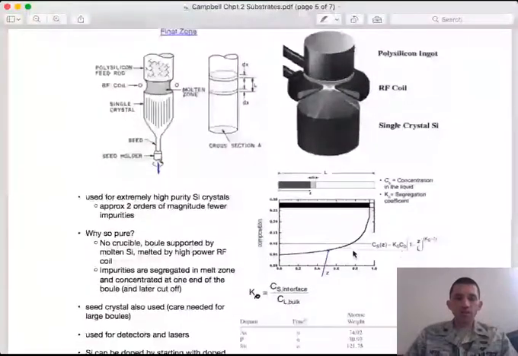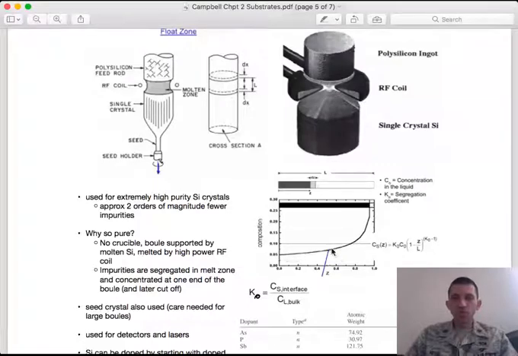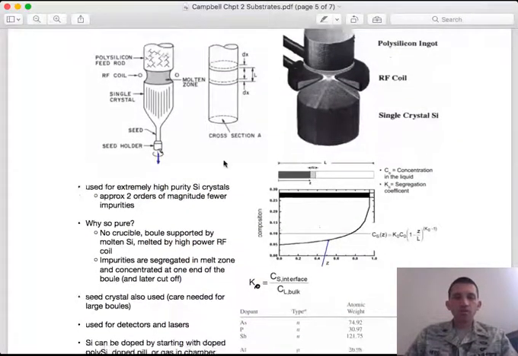And so you can model this progressive increase in concentration as you melt the length of the rod with this expression here, and this will be used in one of your homework problems. But what it allows you to do is, in a way, to sweep the impurities from one end of the material to the other, right? Because they are constantly being rejected into the melt.